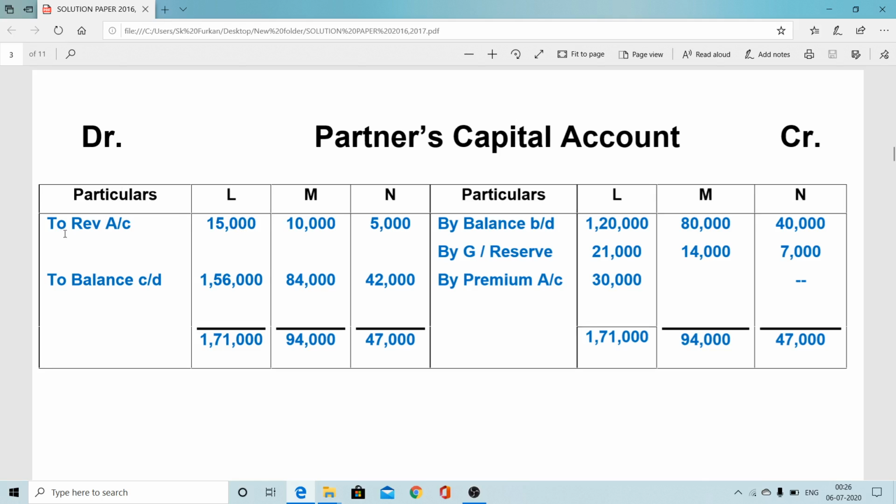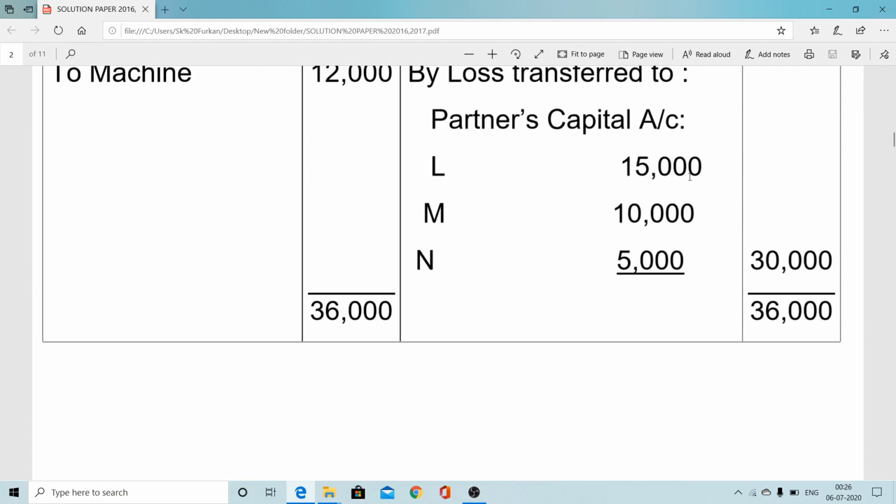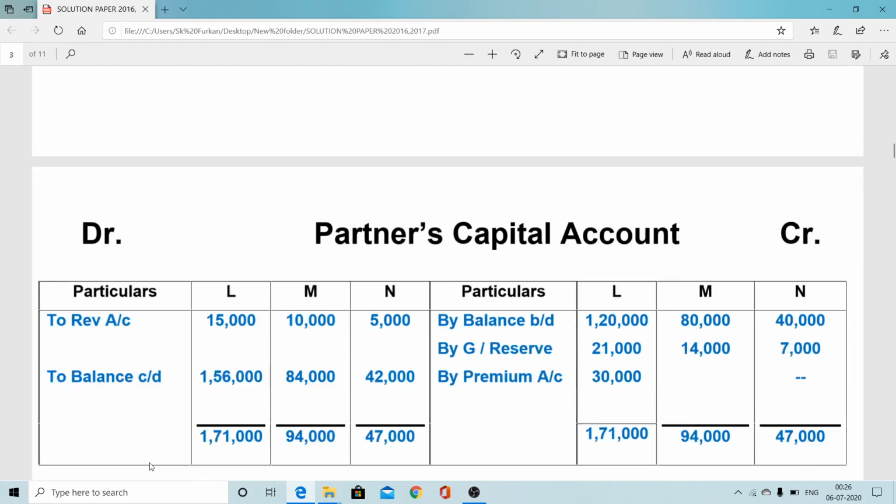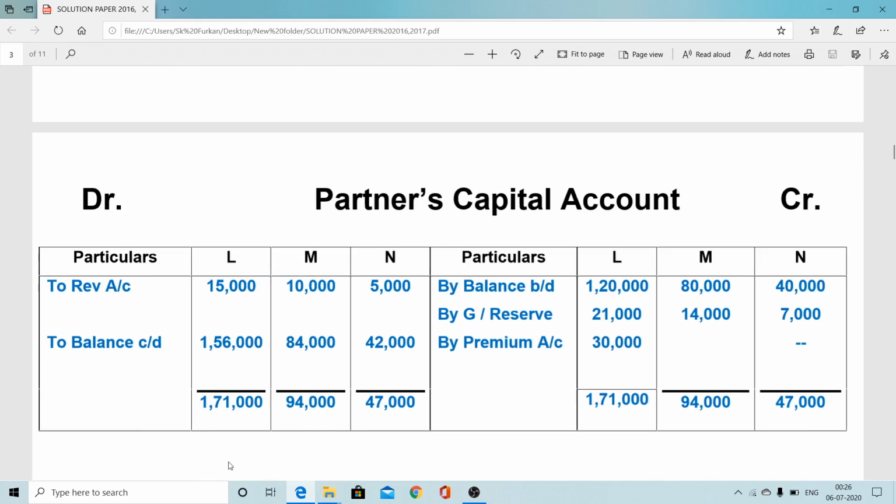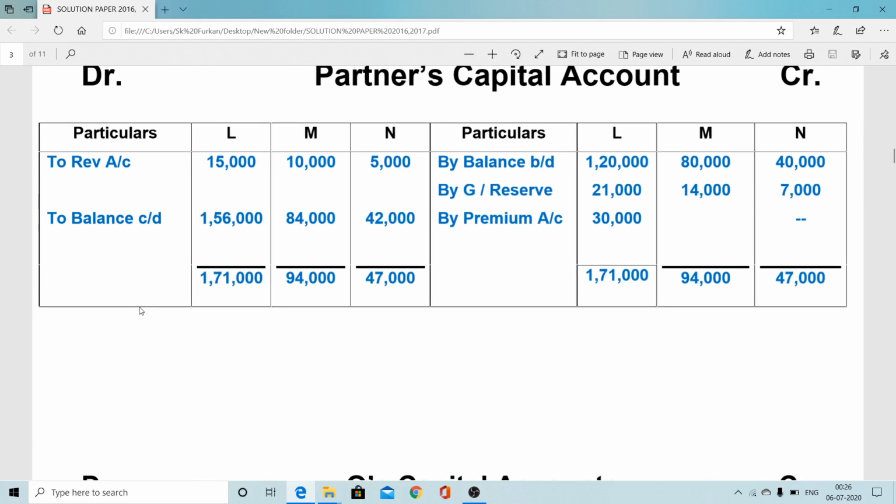Now the revaluation loss arises. So we write the share of loss on revaluation to the old partners under the old ratio L, M, N. We already got 15, 10 and 5 from here, so we distributed 15, 10 and 5. After that we can find the adjusted capital, the combined capital calculation for the new partner's capital. For the old partners, we just find the two balances.